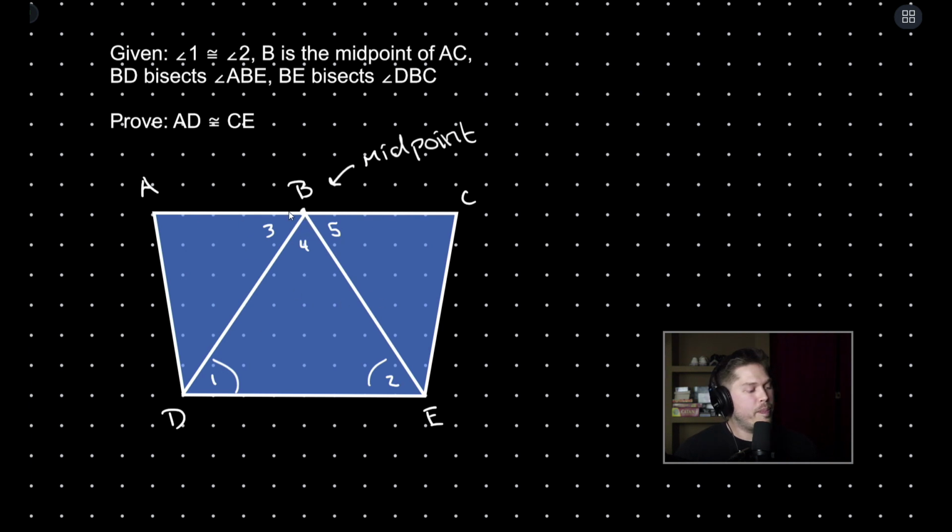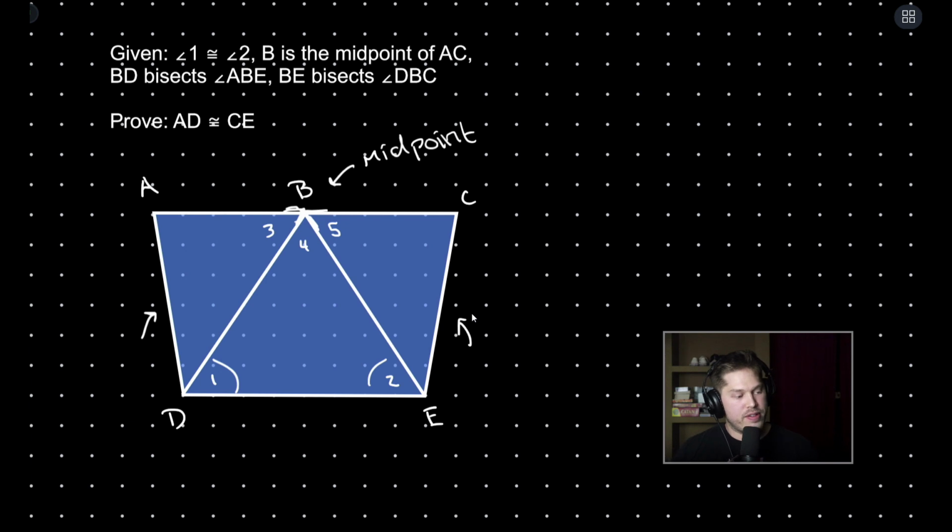So BD is a bisector for this part, and BE bisects DBC. Okay, so BE is a bisector for this part. We want to prove that side AD is congruent to CE. So we want to prove that the far left-hand side is congruent to the far right-hand side.